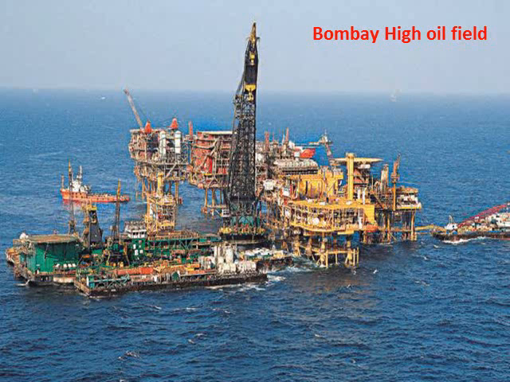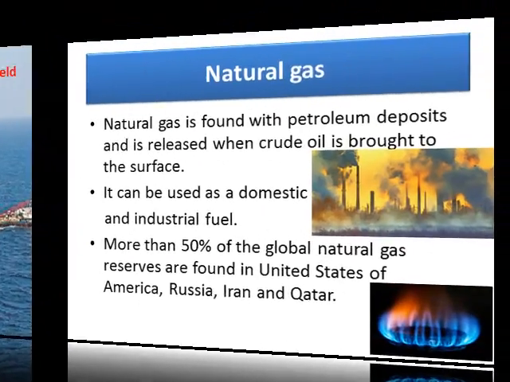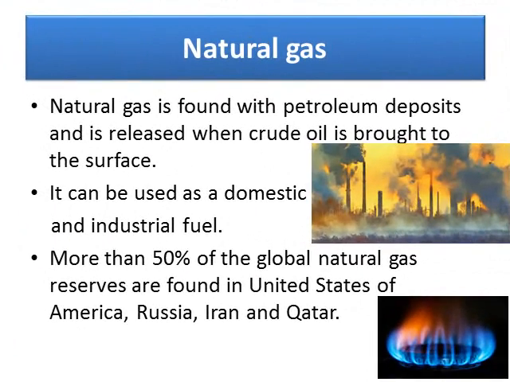Now we will learn about natural gas. Natural gas is found with petroleum deposits and is released when crude oil is brought to surface. It can be used as domestic and industrial fuel. So you cannot find it separately, but it is usually found along with the petroleum deposits, and it is compressed, and as it is brought up, it is released.